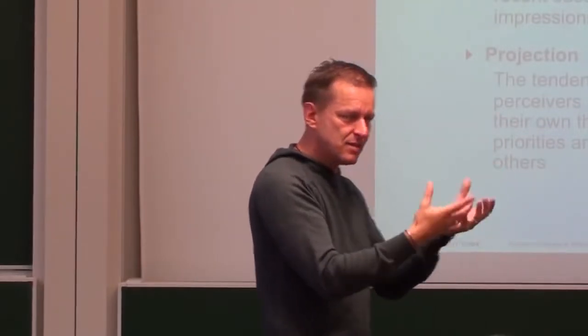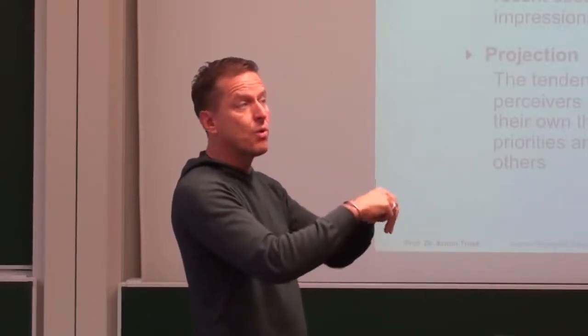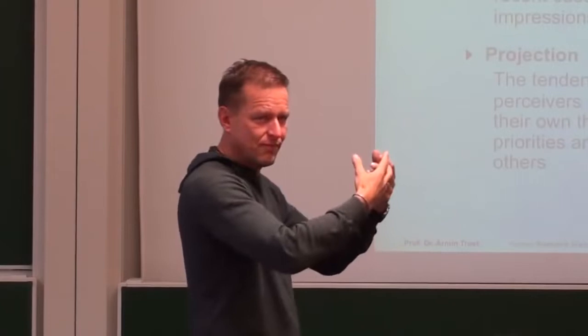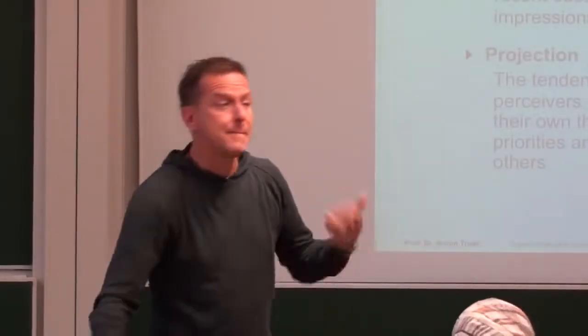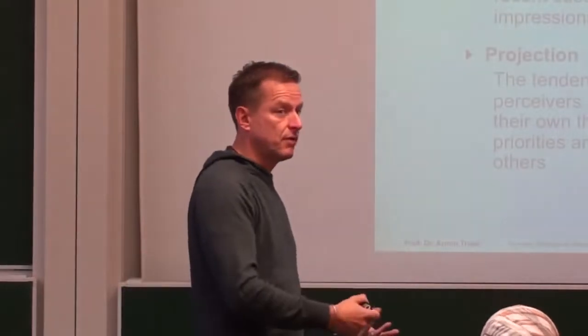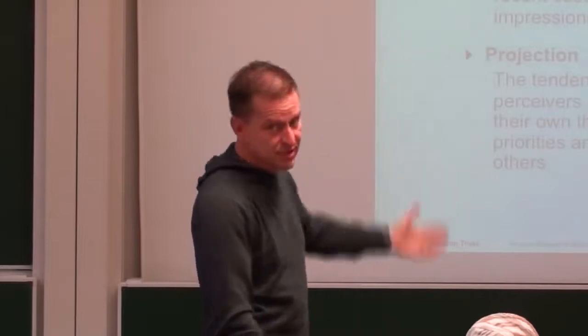And that increases the risk of either hiring the wrong one or rejecting the right one. That's why we use some methods to be more objective, not to walk into these traps.